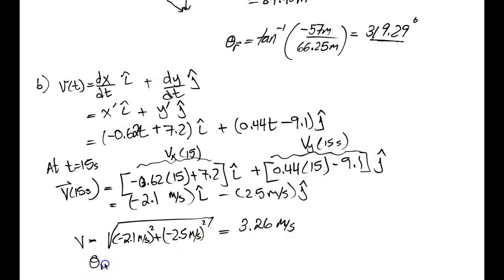The theta of this v is going to be the tangent inverse of the y component over the x component. Notice in this case you have a negative x and a negative y. That means it's in the third quadrant, which should be between 180 and 270. And if you plug this in your calculator, you should get about 220.3 degrees.